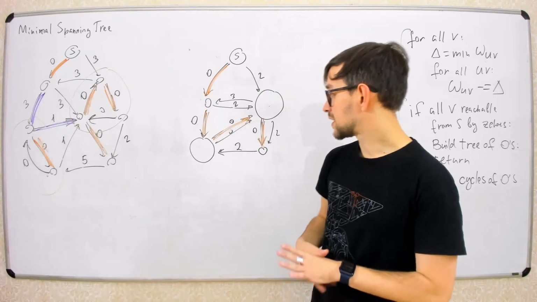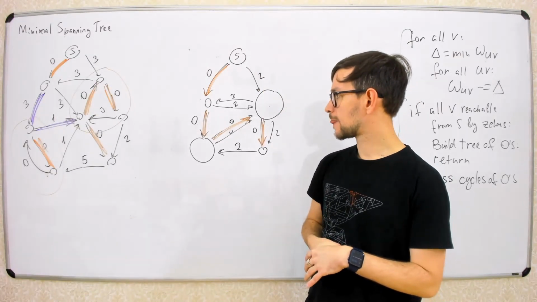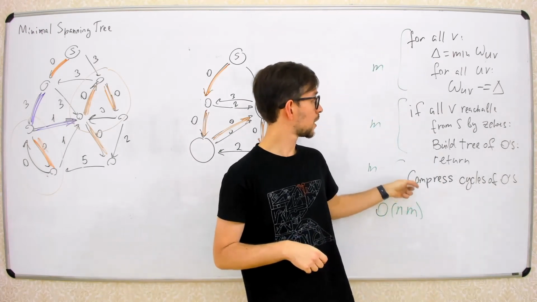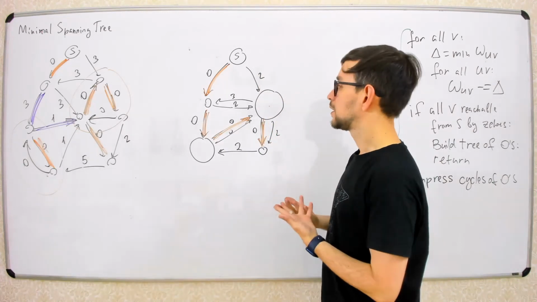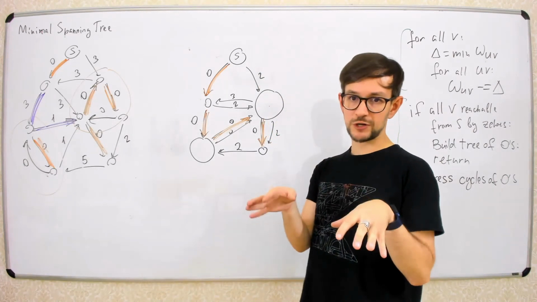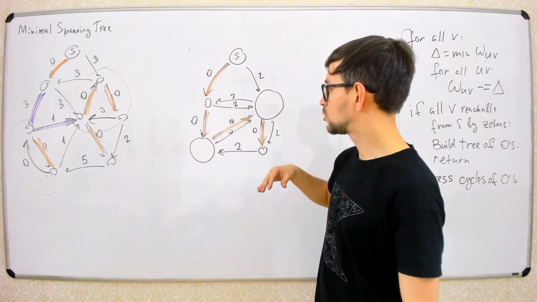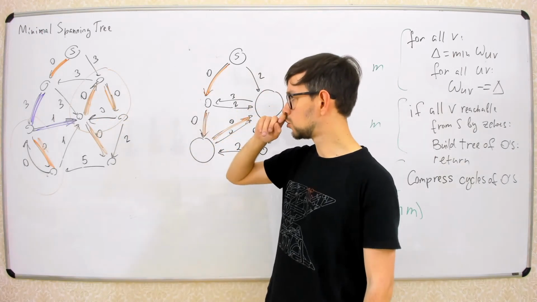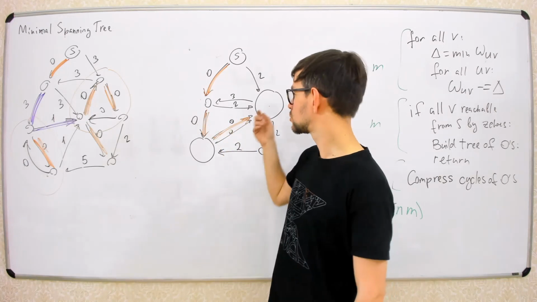Can you do it faster? You actually can. To do it faster, one of the ways to think about it is to modify this algorithm. What you need to do is basically remember the current state of your tree. It's not a tree, it's something strange. So you need some way to detect the cycles, and some way to compress the cycles into single nodes.